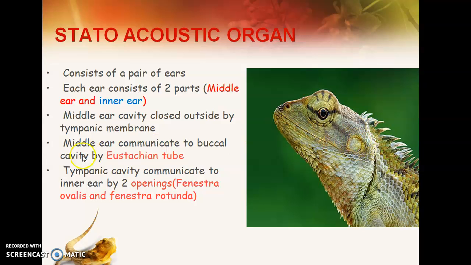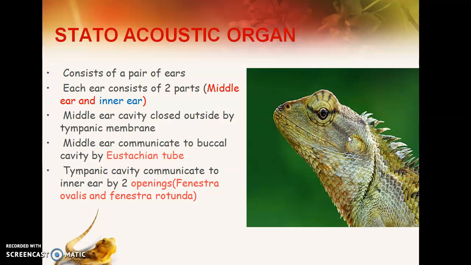This middle ear communicates with the buccal cavity by means of a structure called a Eustachian tube. So the tympanic membrane leads to the middle ear, and the middle ear leads to the inner ear.